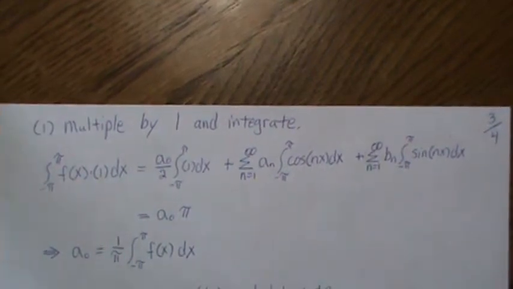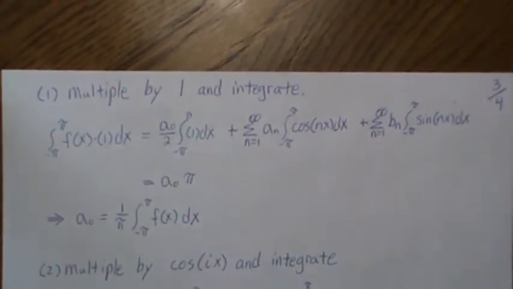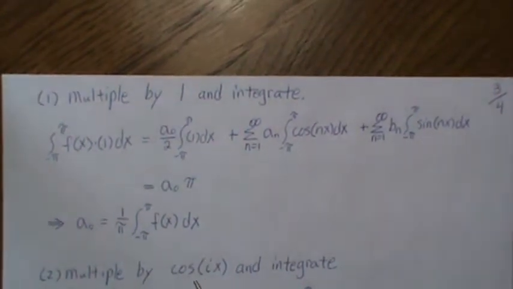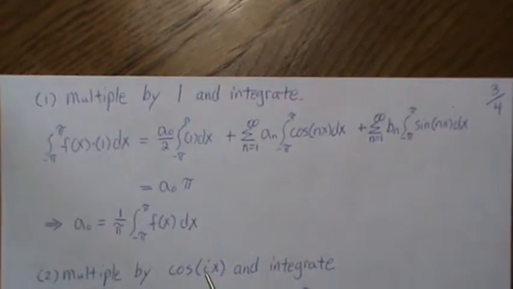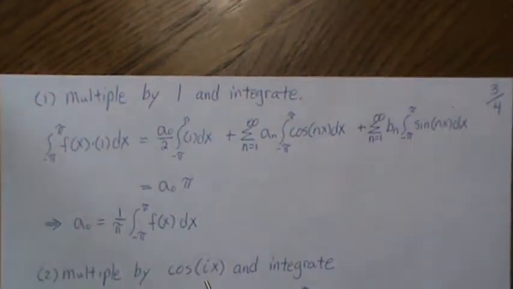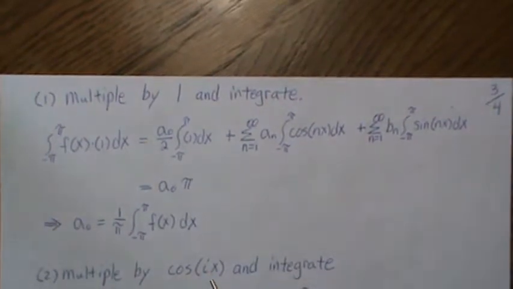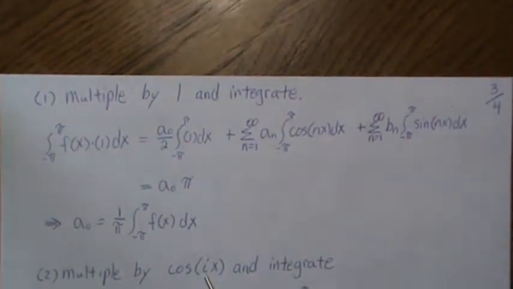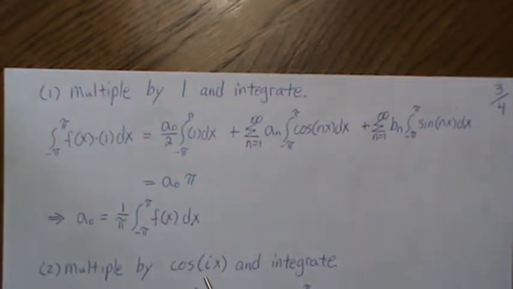Now we keep going. Let's multiply by another basis function. Let's pick one of the cosine functions. And this i is an index, meaning it could be 1, 2, 3, 4. Just before I was doing this video, I thought I really shouldn't use i, because i can be represented as the imaginary number.